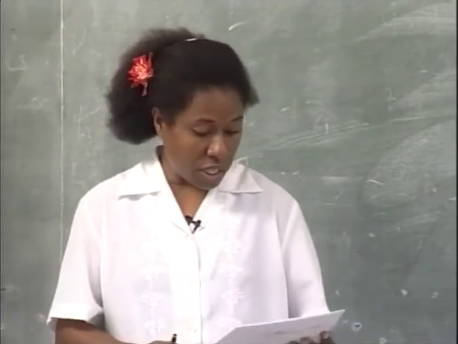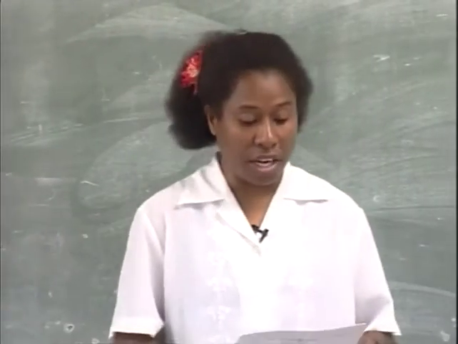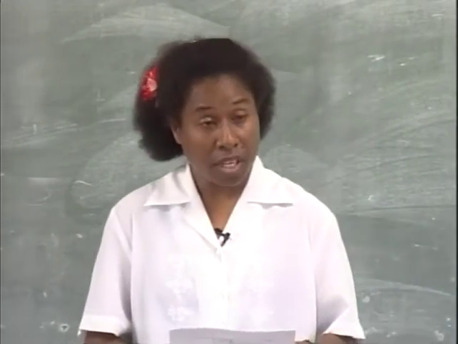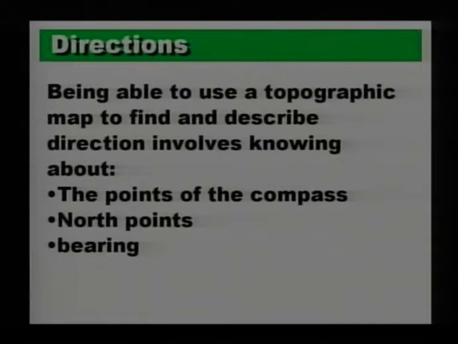From our information on the worksheet or the handout, under the heading on directions, it tells us that direction helps determine the relative location of features. So if we are going to send you to the staff room, you should know which direction you should be heading towards to go to the staff room.